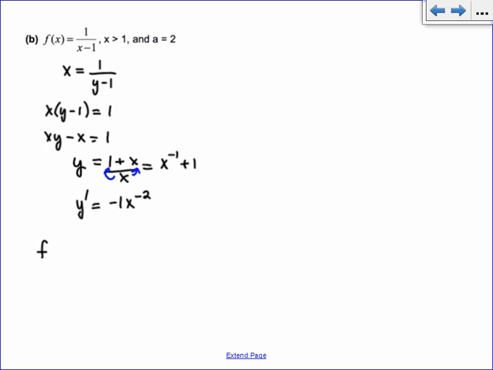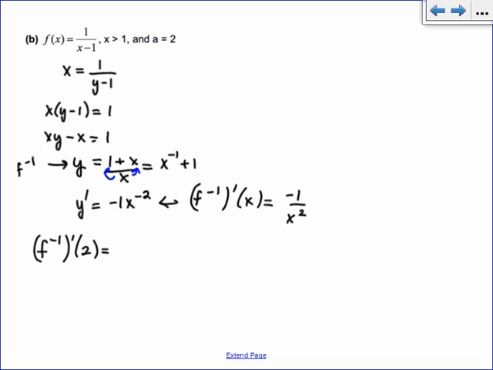If I'm asking for f inverse prime of 2, that was f inverse, so f inverse prime was negative 1 over x squared. So we get negative 1 over 4. So that's one where you don't necessarily need the formula because you could find the inverse. But if you can't find the inverse, you need that formula.